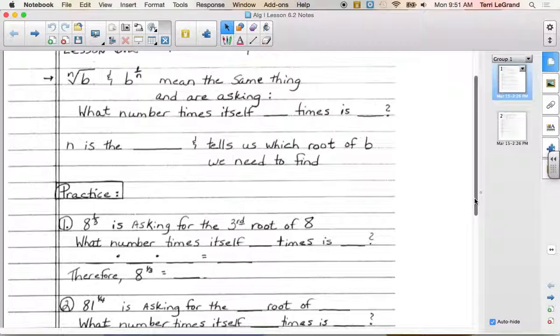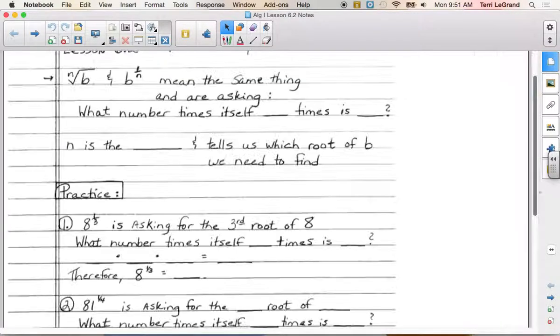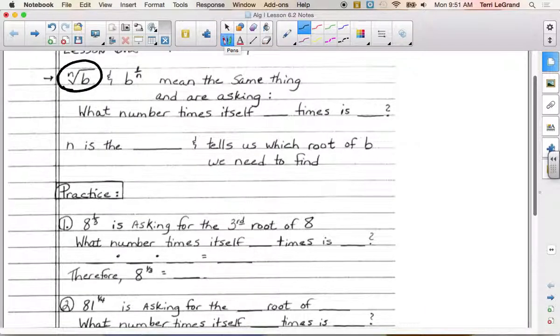So we have the expression, oops, I guess I need a pen. We have the expression nth root of b, and b raised to the 1 over n power, they mean the same thing. So no matter which way they're written, they really mean the same thing. Here's what it's asking.